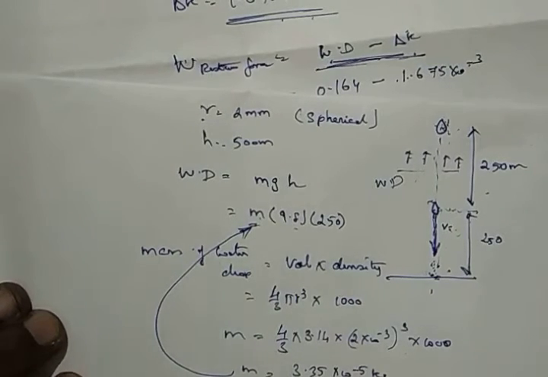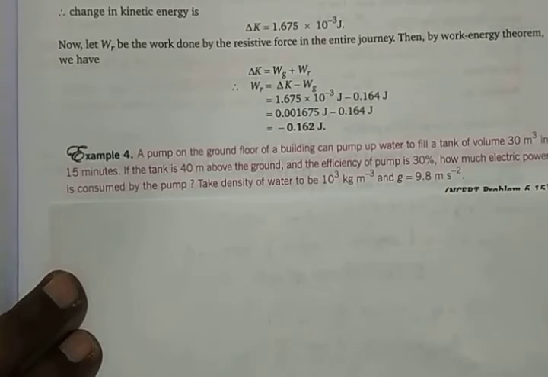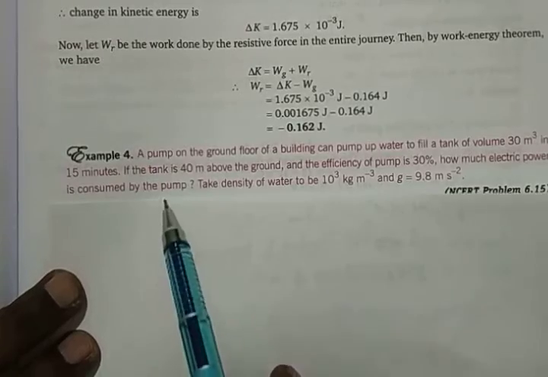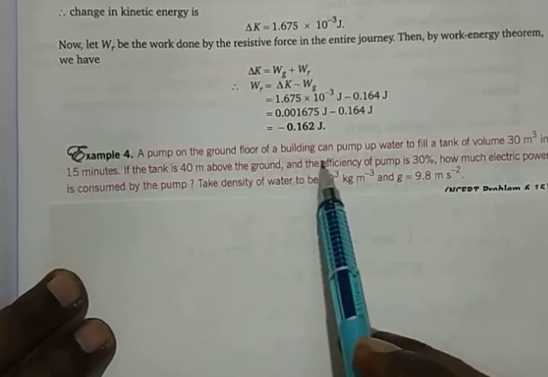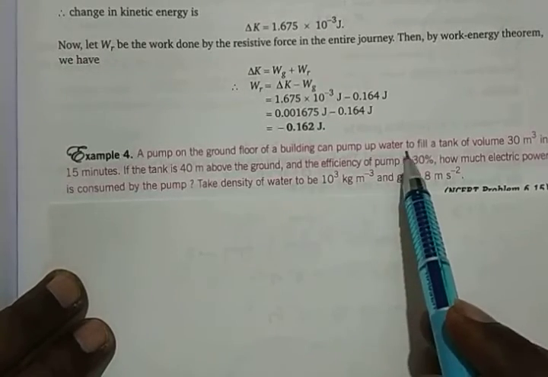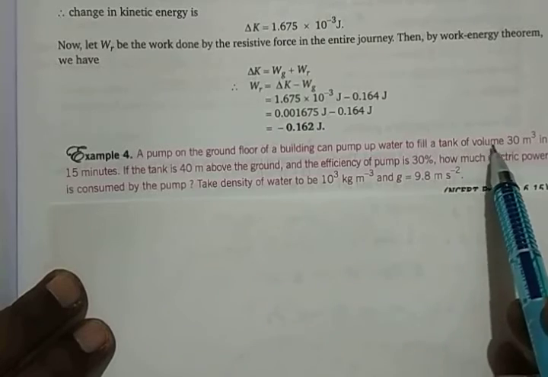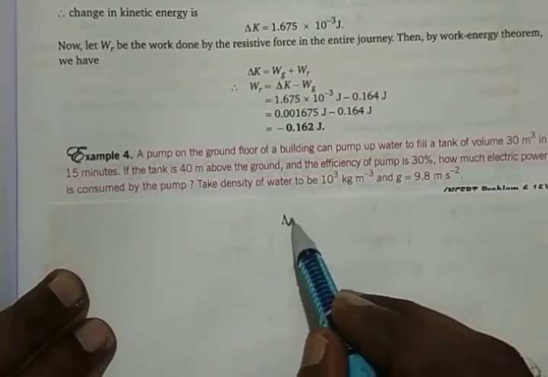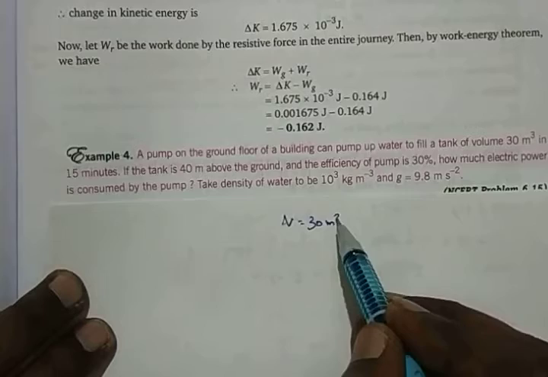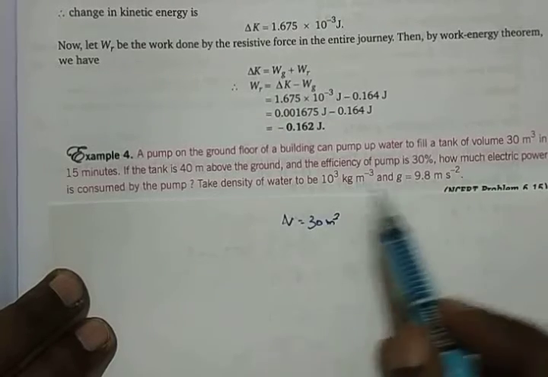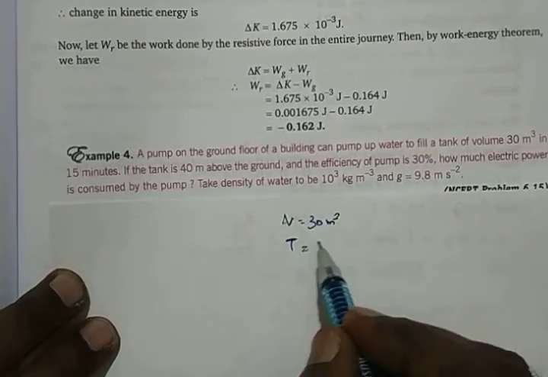Let us go to the next question now. This one says a pump on the ground of a building can pump up water to fill a tank of volume 30 meter cube. The time taken is 15 minutes.